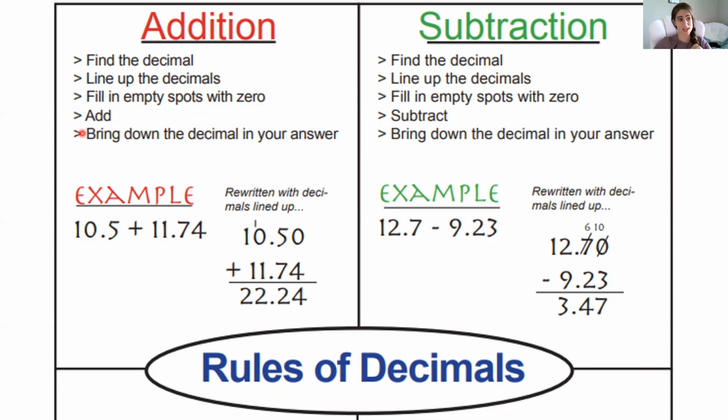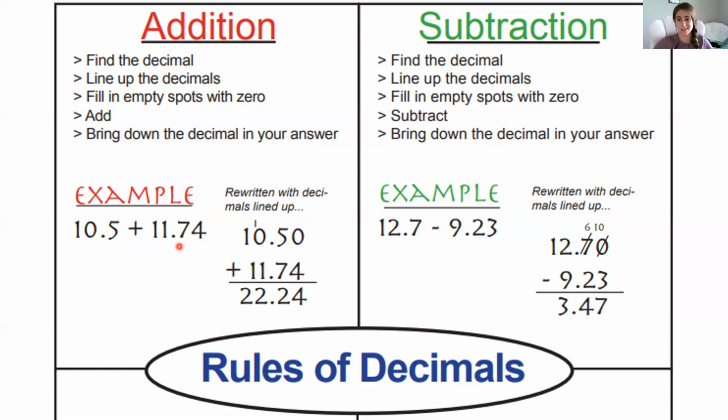And the same thing is true with subtraction. The only difference is, remember, when you are subtracting, the larger number, so the larger value, needs to be on top. And if we look closely at these examples, notice that we were adding 10 and 5/10 and 11 and 74 hundredths.